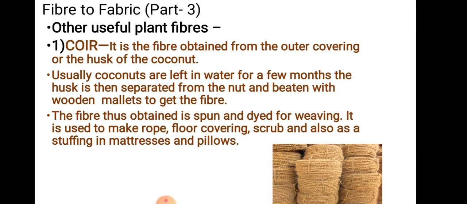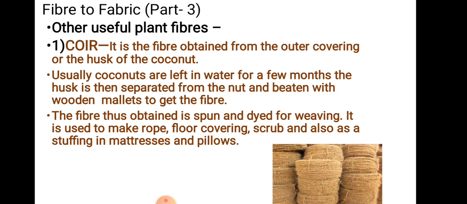Let's see other useful plant fibers. It means other than cotton and jute, there are many other fibers which we get from plants. First of all, see here it is given coir. It is the fiber obtained from the outer covering or the husk of the coconut. You know that the coconut has an outer covering, and that is called a husk, and from that we get a fiber.